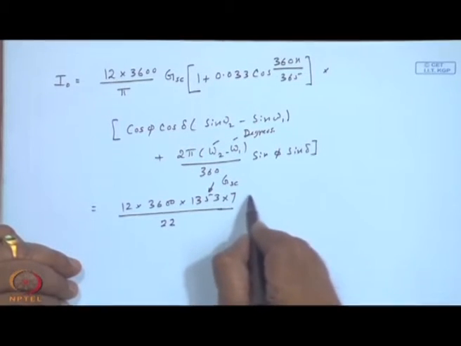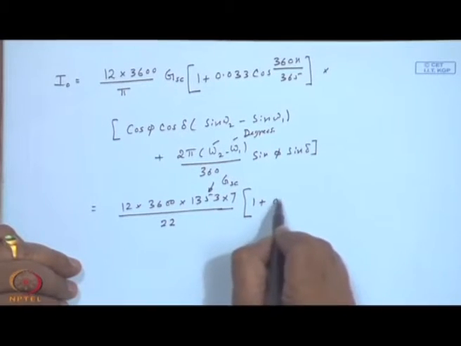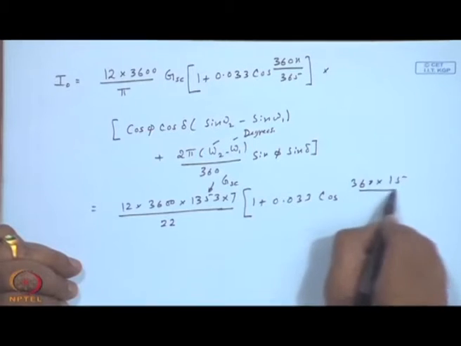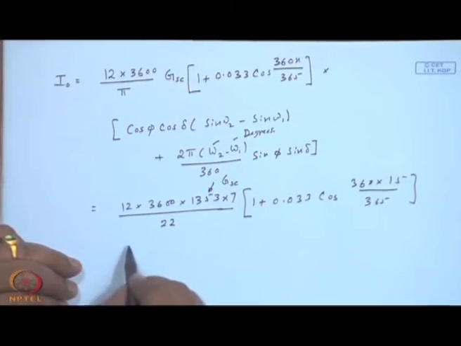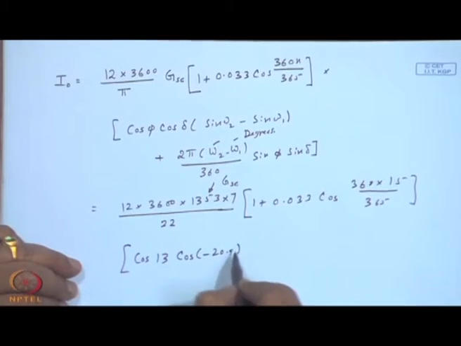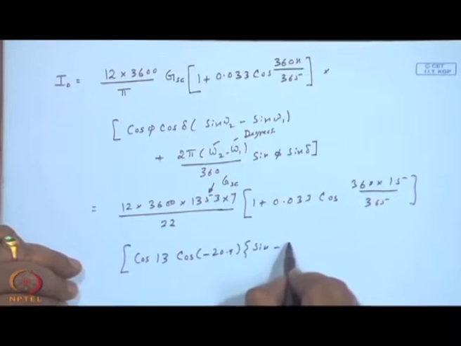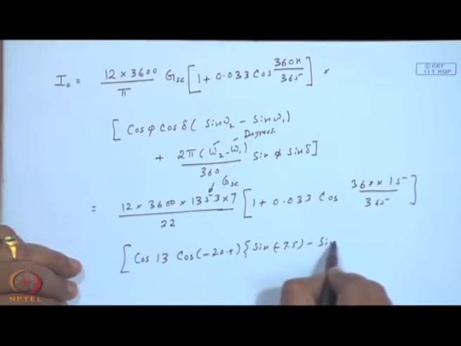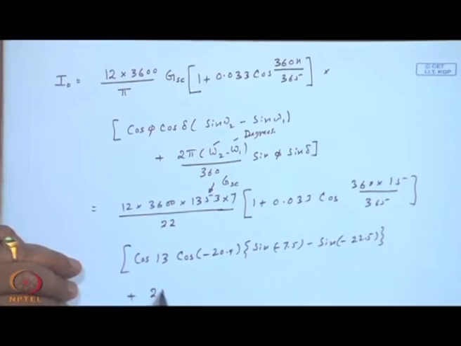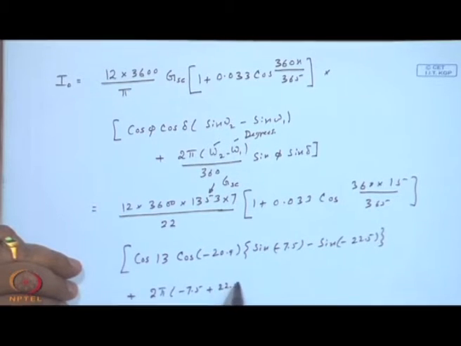So, it goes to the numerator, multiplied by 1 plus 0.033 cos 360 into n, which is 15, by 365, times cos phi cos delta times sin omega 2 minus sin omega 1 plus 2 pi into omega 2 minus omega 1, which becomes plus 22.5, by 360 times sin phi times sin delta.